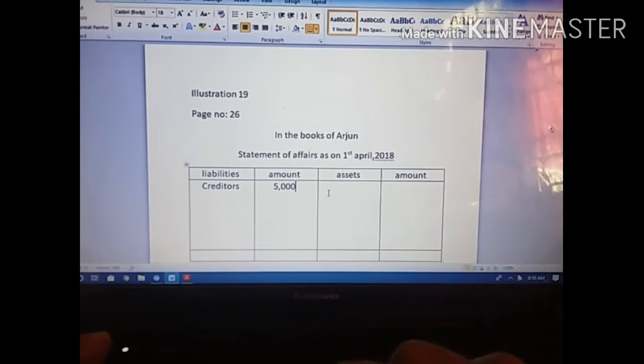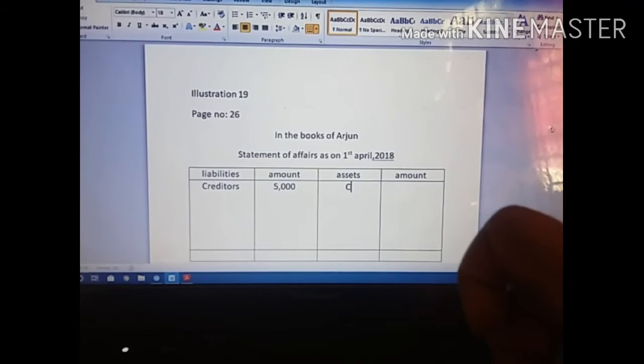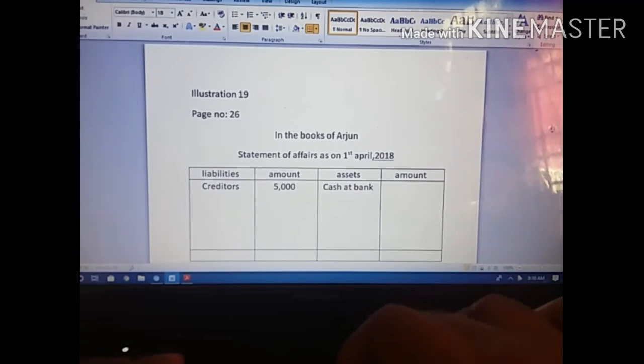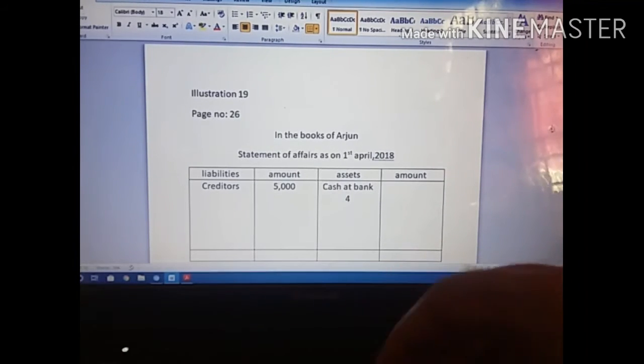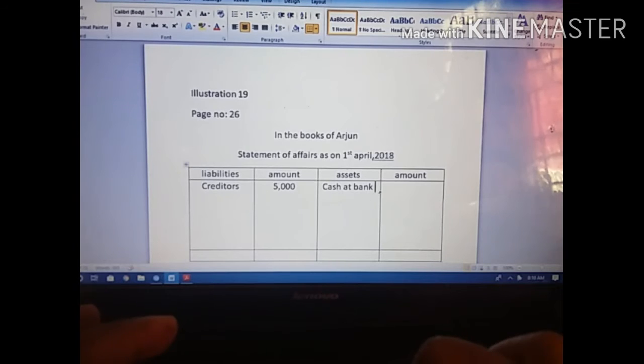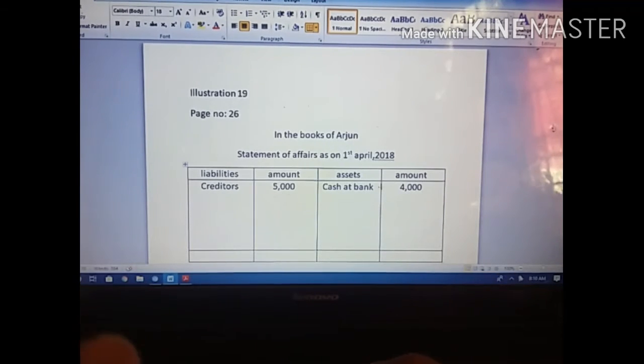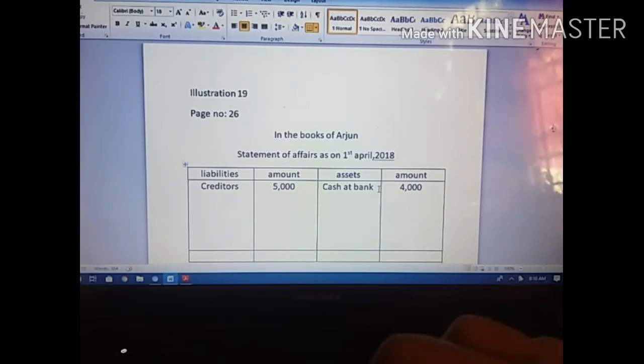Then assets: we have cash at bank, 4,000. So cash at bank 4,000. These informations are available in your question, so based on that we have to enter here.